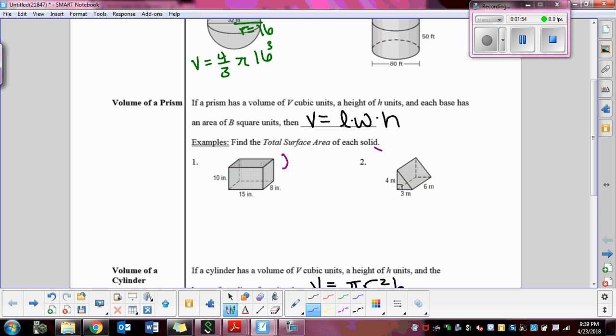I'm going to say my length is 15, and the width is 8, this 8 right here. And then my height is 10. But since we're just multiplying them together, it doesn't matter what order it's in. So my volume is 10 times 8 times 15, or 15 times 8 times 10. Same thing.